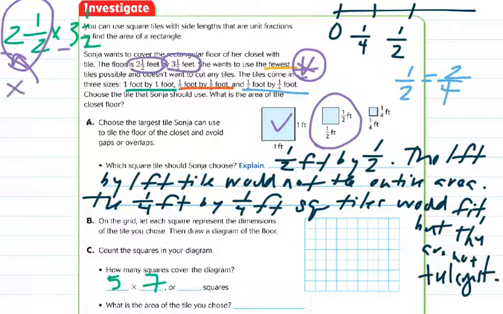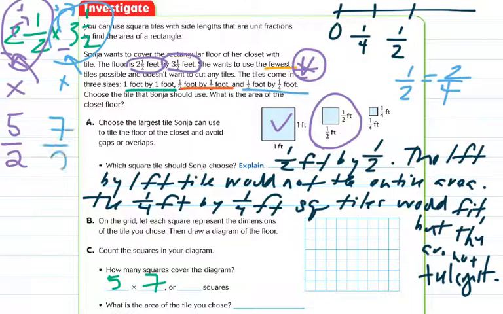So we're going to do the denominator times the whole number. 2 times 2 is 4, plus the numerator is 5 halves. Next, we're going to do the same with the other one. We're going to take the 3.5 and make it into an improper fraction. So 3 times 2 is 6, plus 1 is 7 halves.